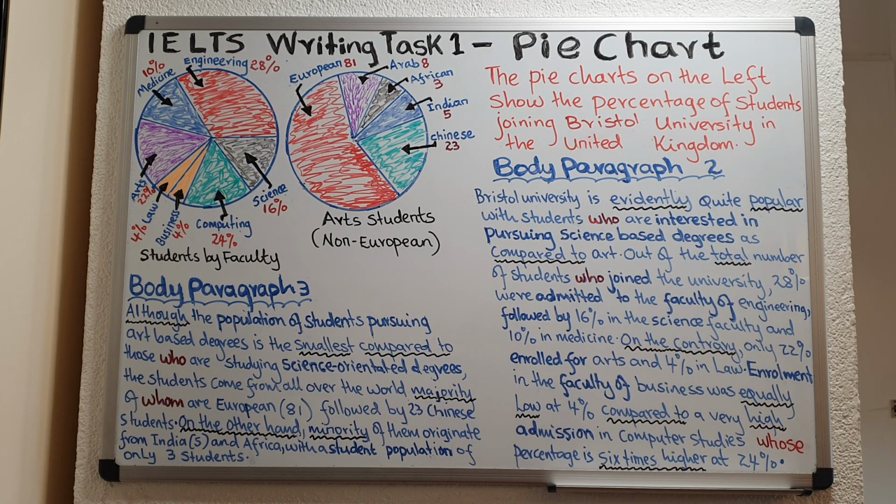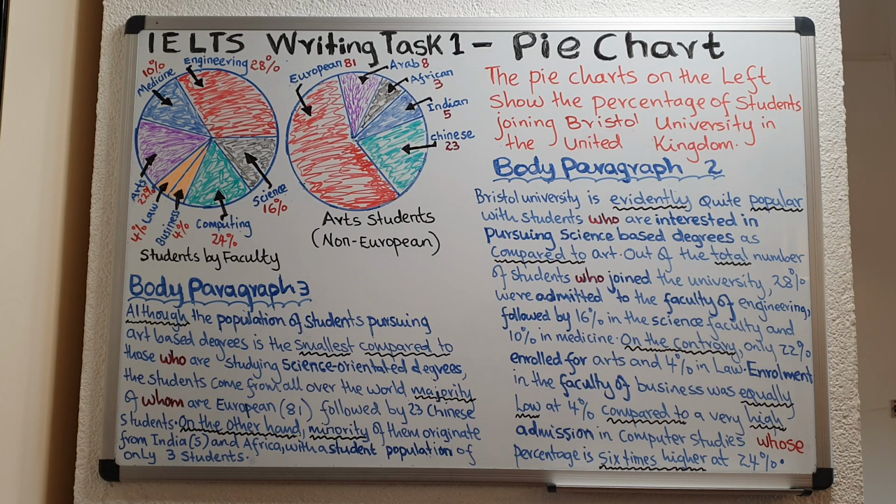So the linking word is although. The population of students pursuing art-based degrees is the smallest, as I pointed out in body paragraph 2, compared to those who are studying science-orientated degrees, the students come from all over the world, majority of whom are European. So I have to support my claim, okay?